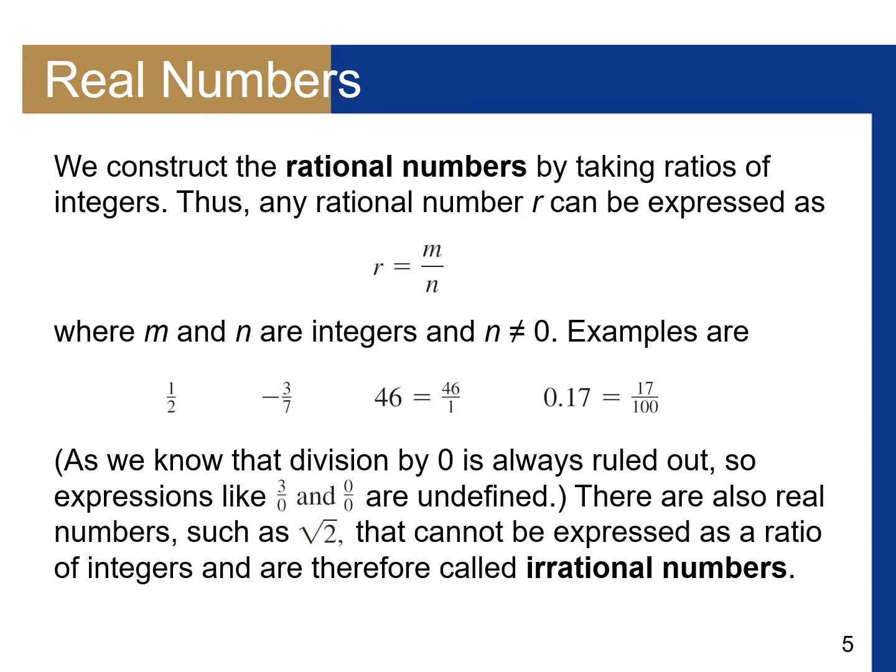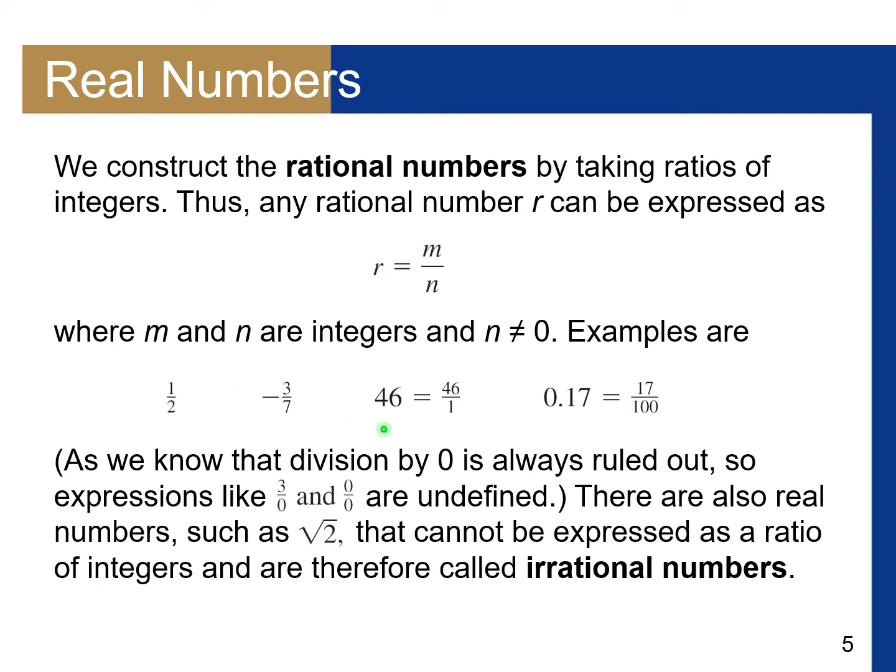Rational numbers are any number that can be written as a fraction. That's what this means right here. It can be written as a fraction. So obviously you cannot have 0 in the denominator. That's not allowed. So some examples are just fractions themselves. We have 1/2, -3/7.